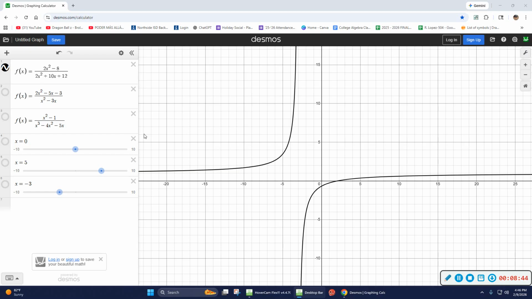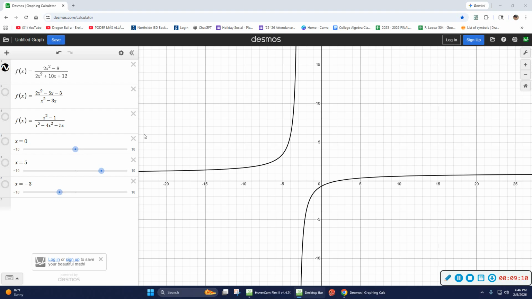because there's a contradiction between the original problem and the new problem. There's a hole in this part of the graph. How do I know that's going to happen? Well, when I simplified the problem, this function turned into this function. From here to here, after factoring, notice how we canceled this value out of the equation.